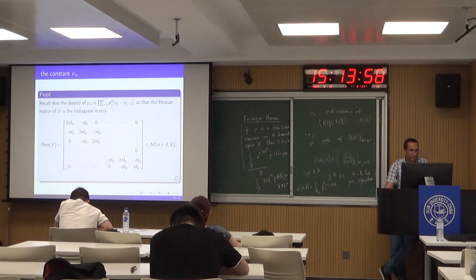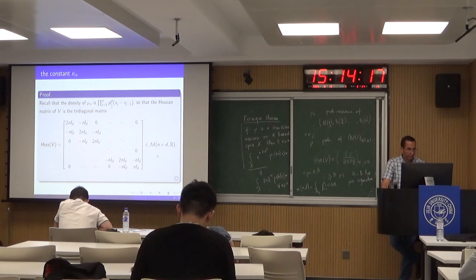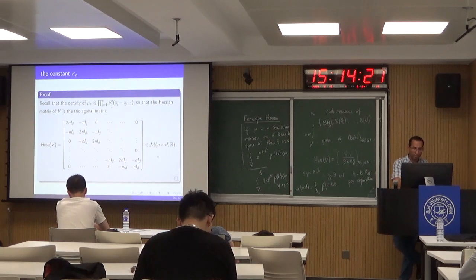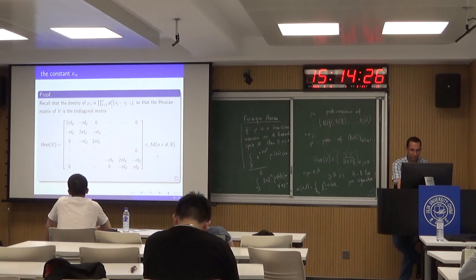The Hessian matrix of V is the following matrix. It is a tridiagonal matrix. It is a constant matrix, it doesn't depend on x1, ..., xn. And so the task was to find the eigenvalues for this matrix.